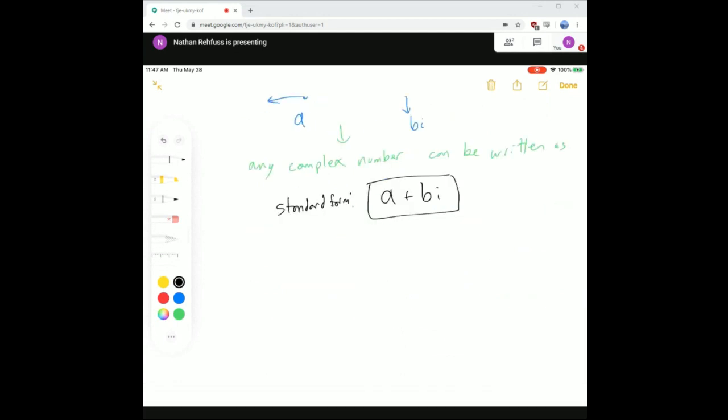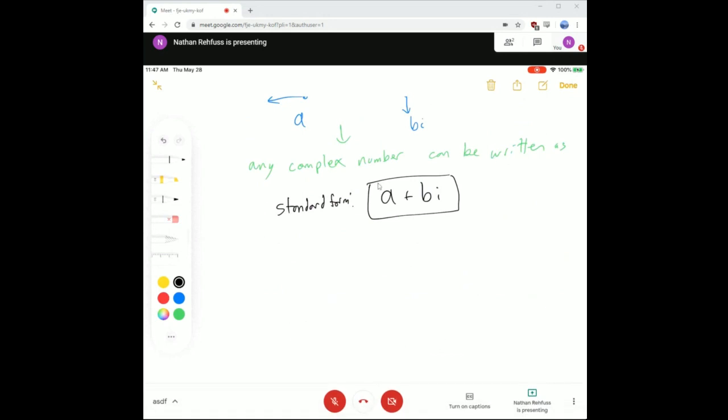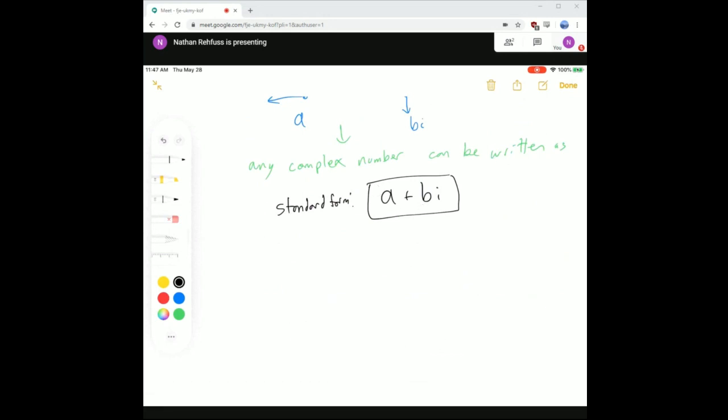The question is, if I can write every complex number in this form, then what about weird things like 2 minus 3i plus i squared? You can imagine ending up with this form as you're trying to work with complex numbers. What happens if I get an i squared? Well, the trick here is, from my definition, I said i squared equals -1, right?